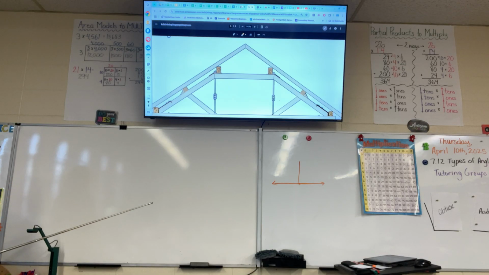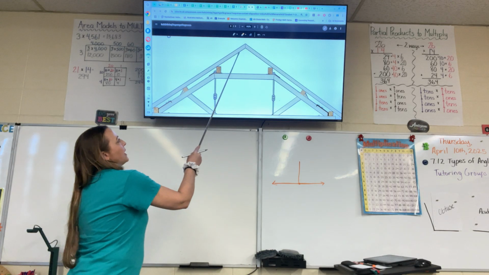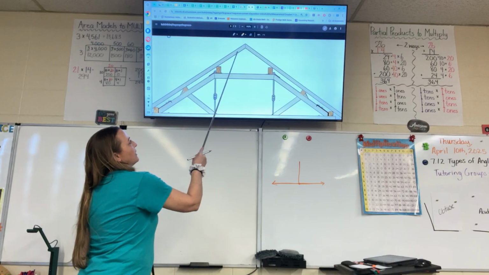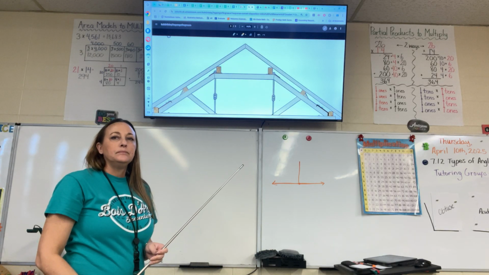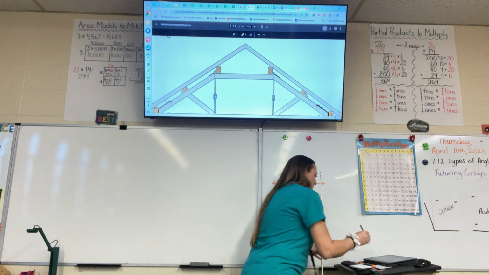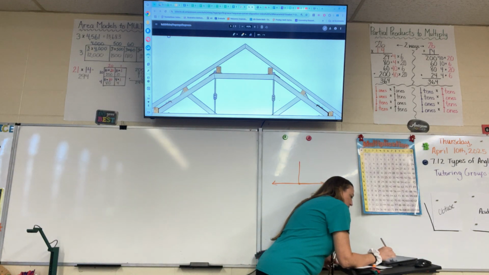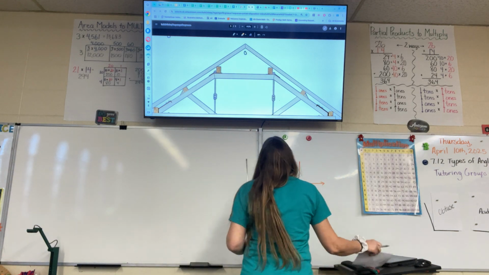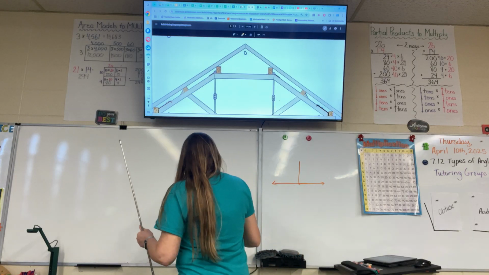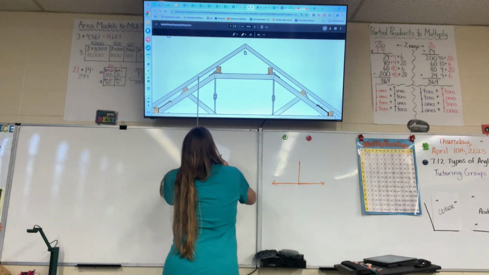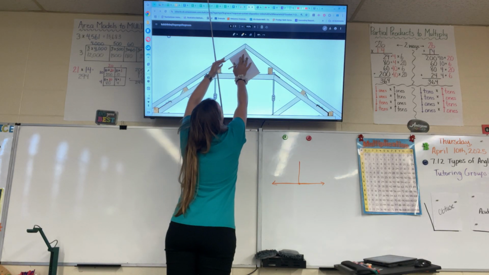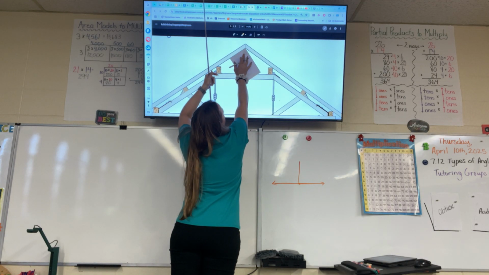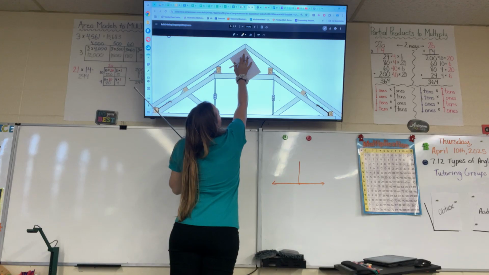Okay, Colton. This top angle, what kind of angle is it? Acute, obtuse, or right? Obtuse. Good work, Colton. That's exactly right. So I'm going to put a letter O up there. If I hold my right angle paper up here and line it up there, see how you can see the other side of the angle?